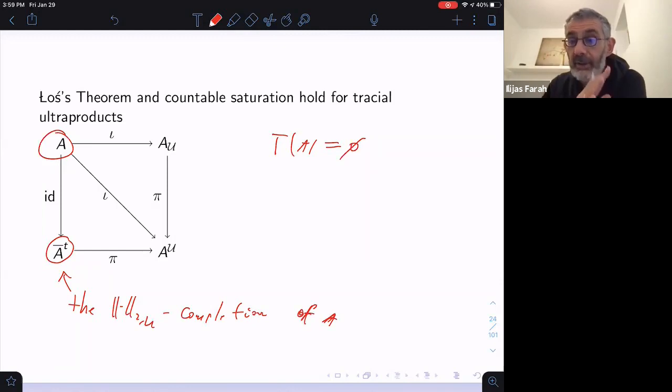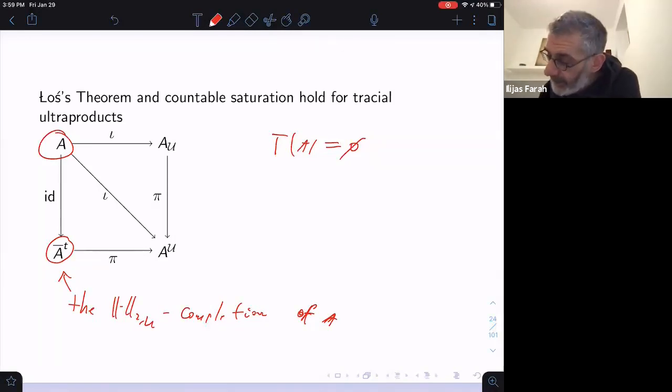This is actually not a trivial bit. Even if you take something as innocent as the CAR algebra, if you look at its unique trace, its bounded balls are not complete in the tracial two-norm.